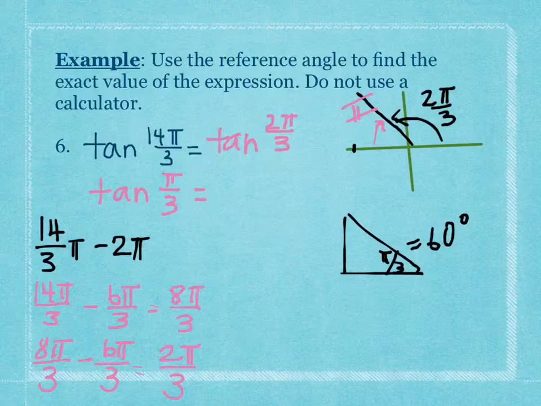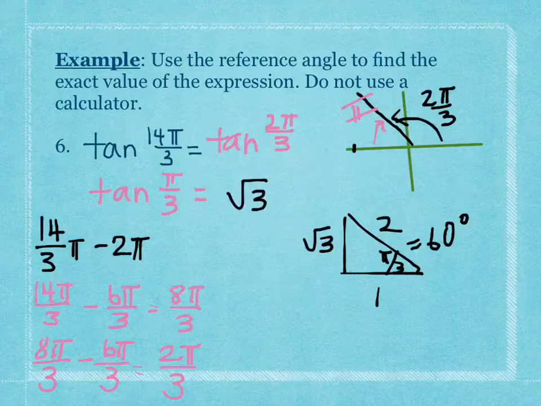Well, that's one of our special angles, isn't it? 30, 60, 90, and 45. So I can think about the triangle in terms of 30, 60, 90, and the way those triangles work is I've got a 1 here, I've got a square root 3 here, and I've got a 2 here on the sides of a triangle. And this is asking me for tangent, and so what is tangent here? This would be square root 3 over 1.